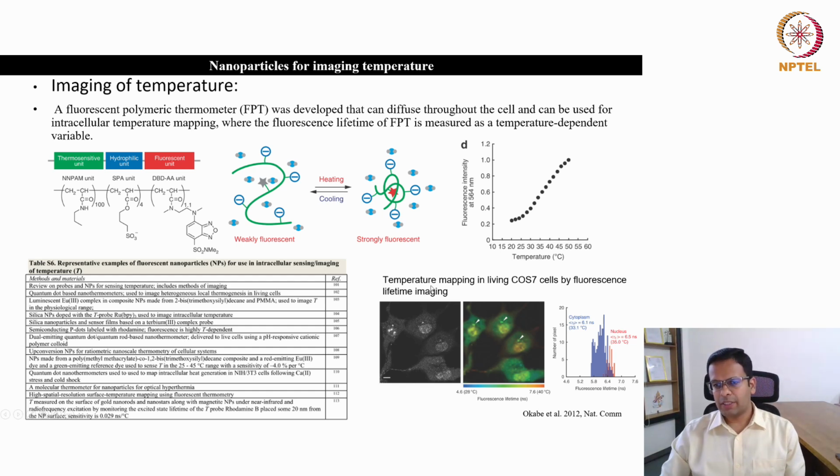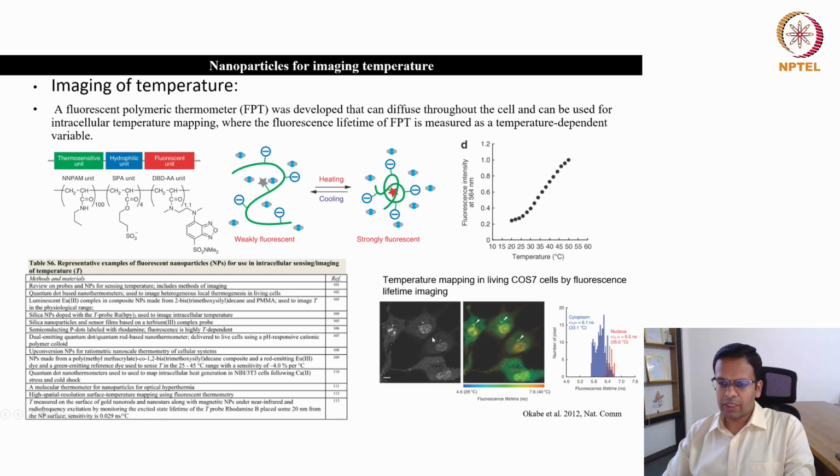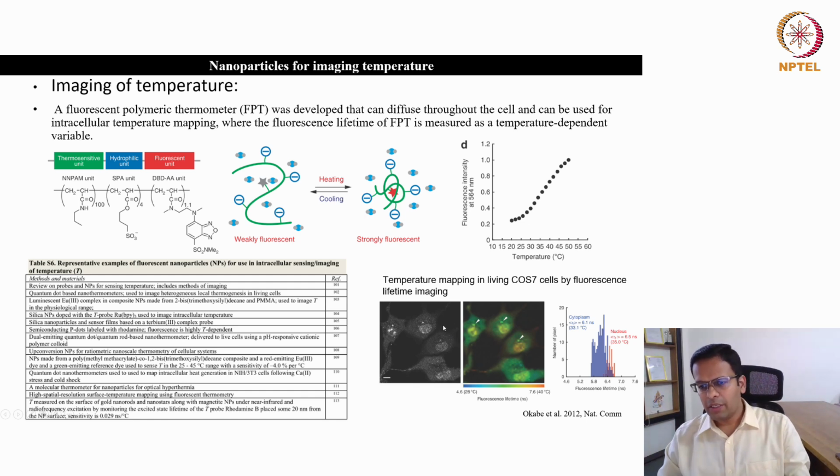And here you can see the temperature mapping in living COS7 cells by fluorescence lifetime imaging. So this is the cell line in which these nanoparticles were injected, so you can see that nanoparticles will go inside the cell, and based on the temperature, they will give fluorescence, or fluorescence lifetime actually.